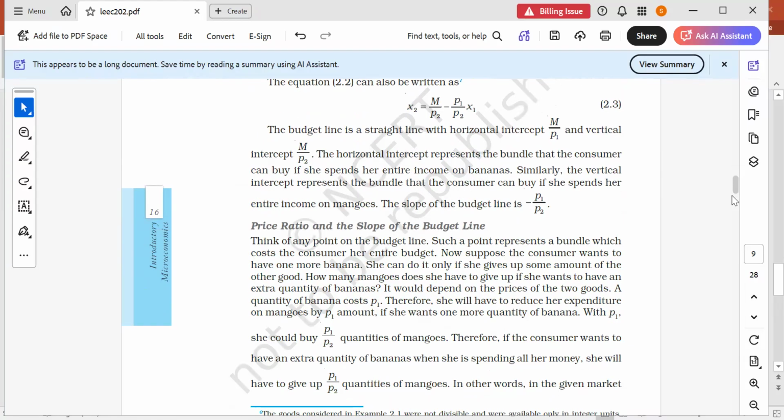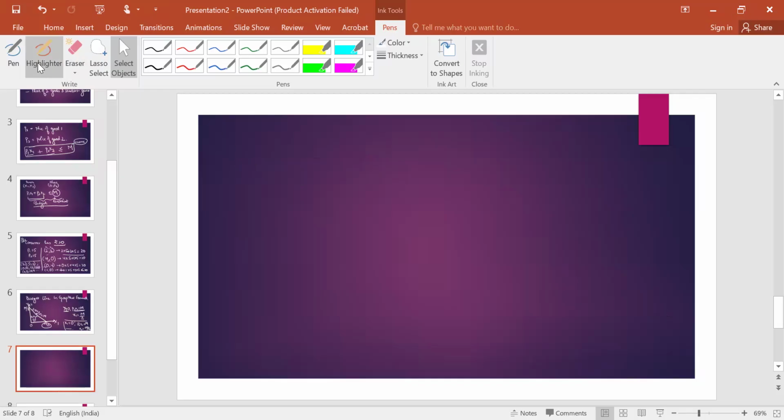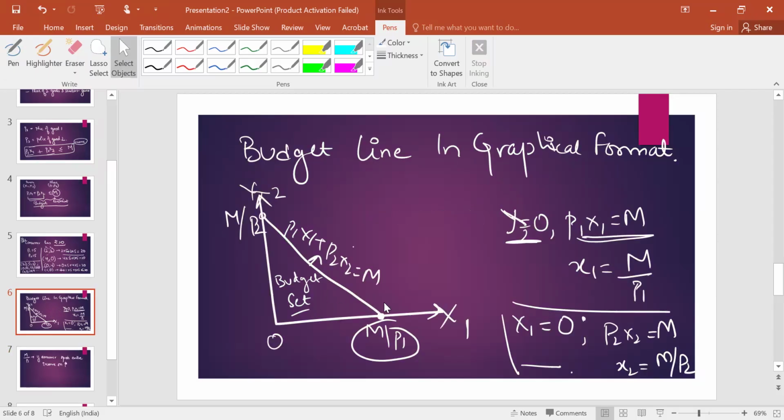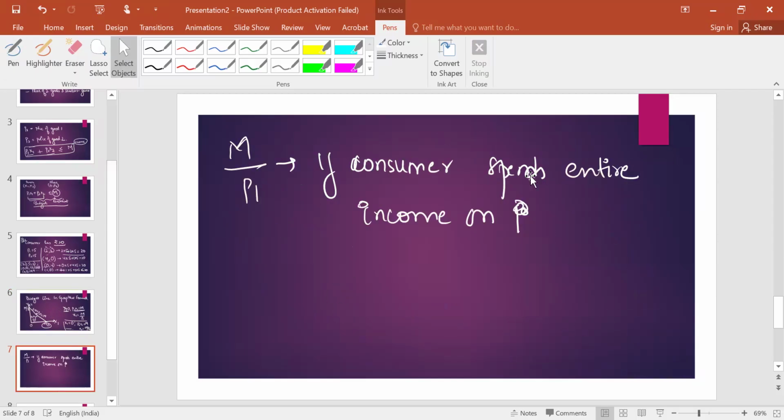Now, M by P1, if I just write it down in words, denotes that the consumer spends his or her entire income on x1. Let's say x1 is bananas.